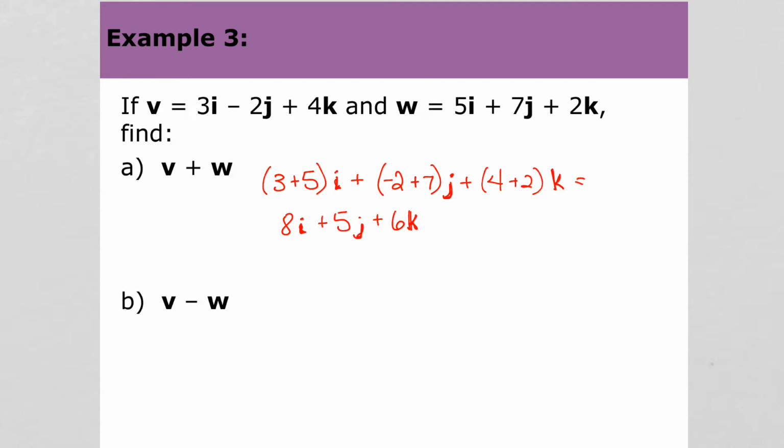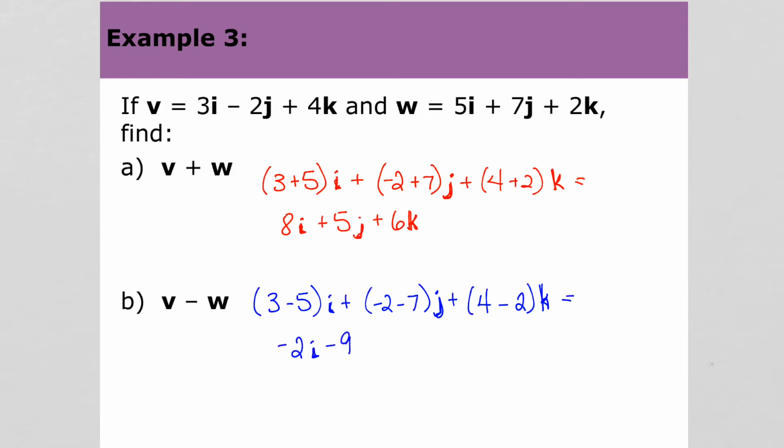v minus w, subtract each component. So 3 minus 5 i plus negative 2 minus 7 j plus 4 minus 2 k. And that'll give us negative 2i minus 9j plus 2k.